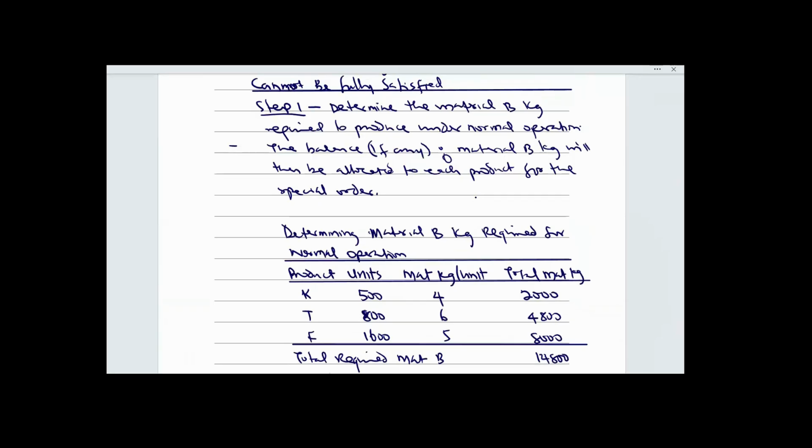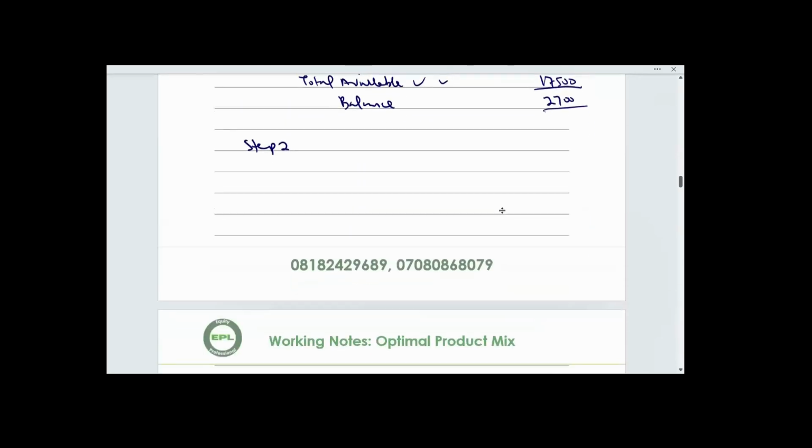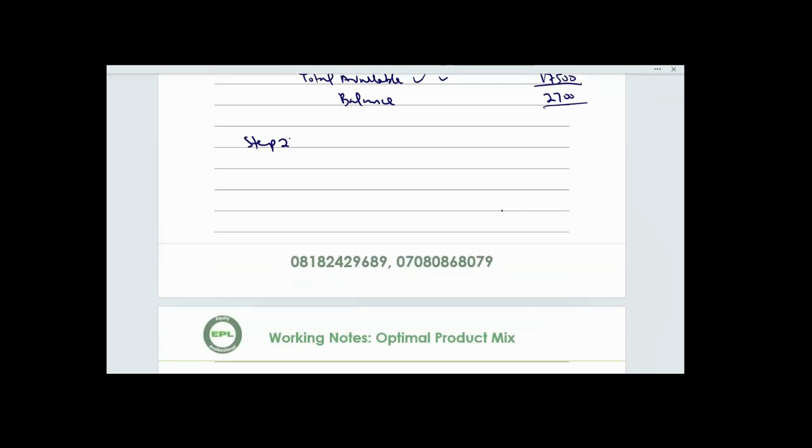Step 2, allocation of the balance of 2,700 kilogram of material B.